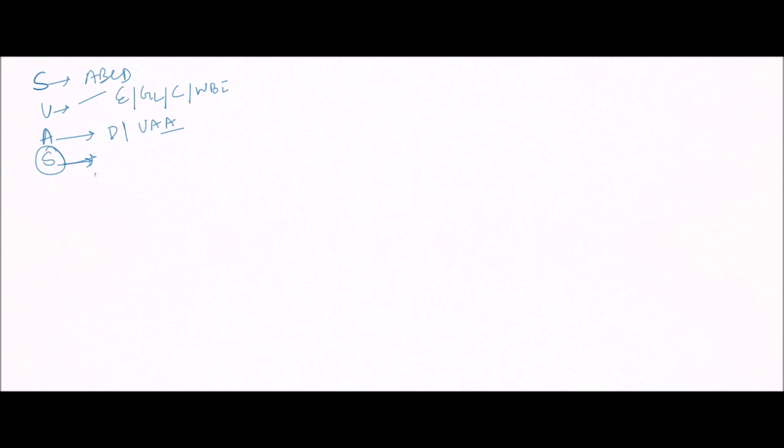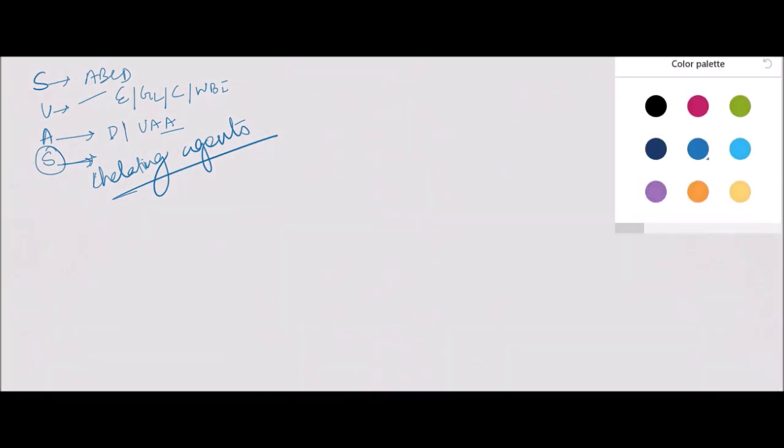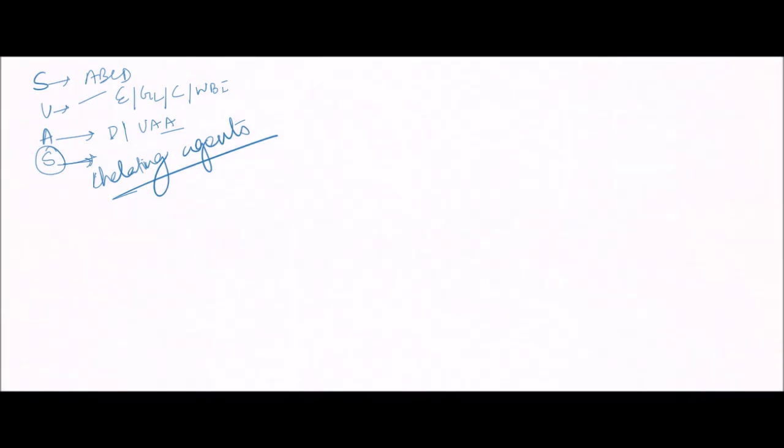Now something about chelating agents. These are agents which are very useful in treating various poisonings because they form a chelate ring.